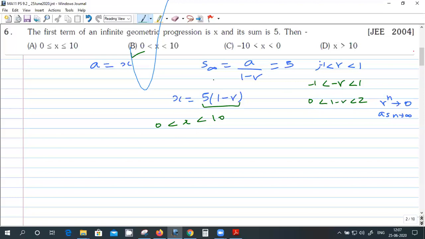The equal to sign is not included, because that means R is 1. That means infinity into X is 5 if R is 1. So 1 is not included, it's strictly less than. So the answer is B, not A.